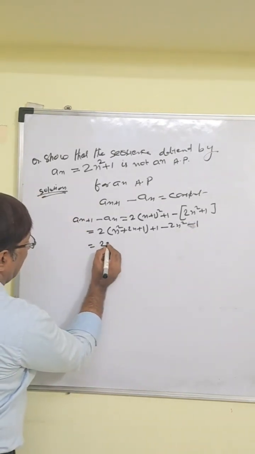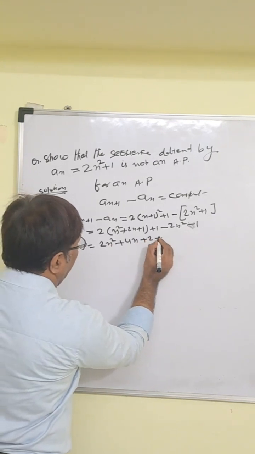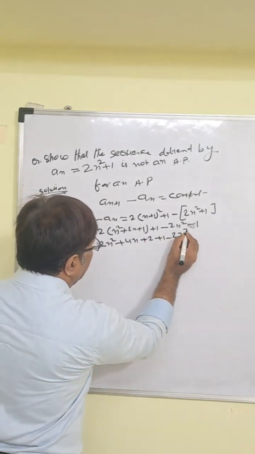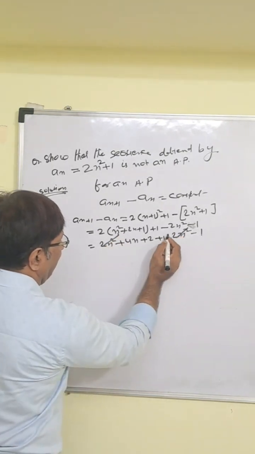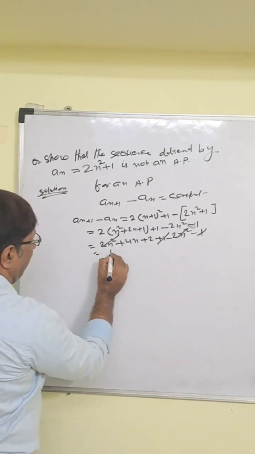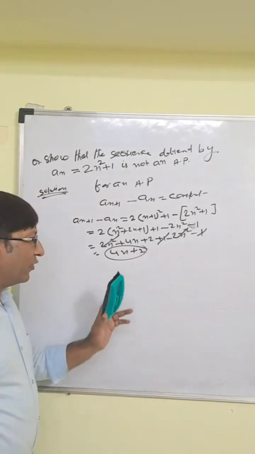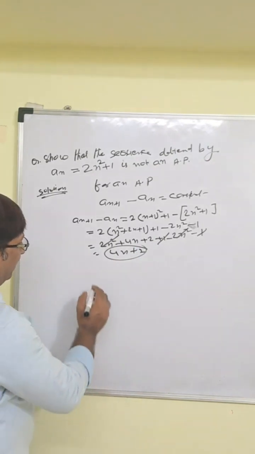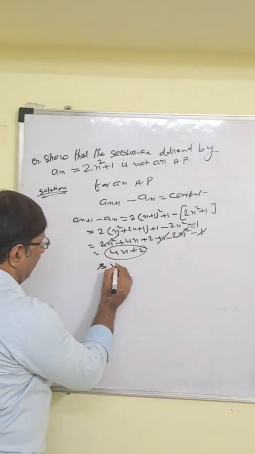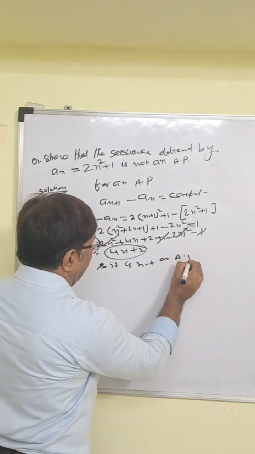So we can write 2n square plus 4n plus 2 plus 1 minus 2n square minus 1. This 2n square cancels out, this 1 cancels out. So we are getting 4n plus 2. And this is not a constant term, this depends on n. So it is not in AP.